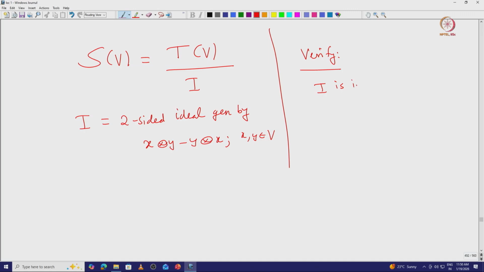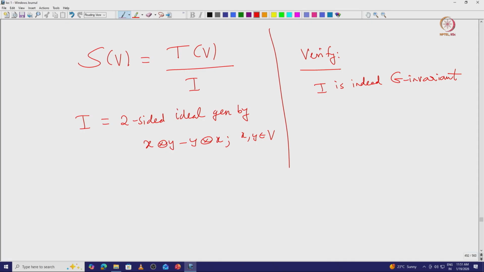Once we have the fact that I is G invariant, then the quotient will inherit a natural G action. That will make S of V a G representation.